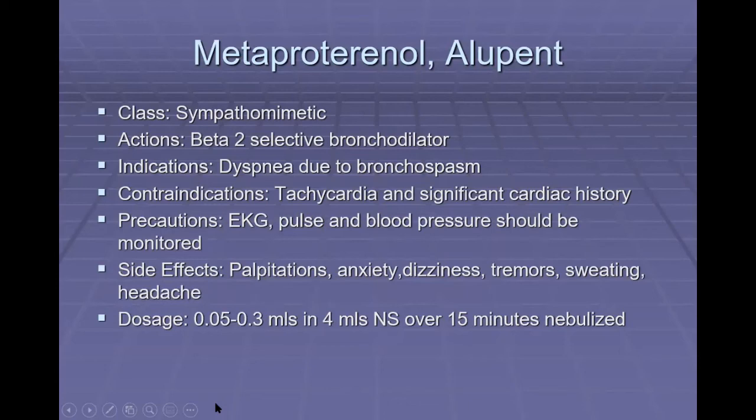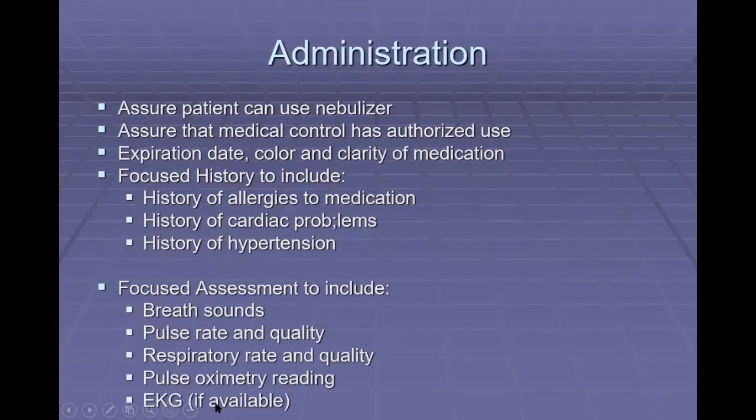Side effects, very similar to the other medications, includes palpitations, anxiety, dizziness, tremors, sweating, and also a headache can be common. So the dosage here is 0.05 to 0.3 and 4 milliliters of normal saline. Again, this should be given over about 15 minutes via nebulizer.